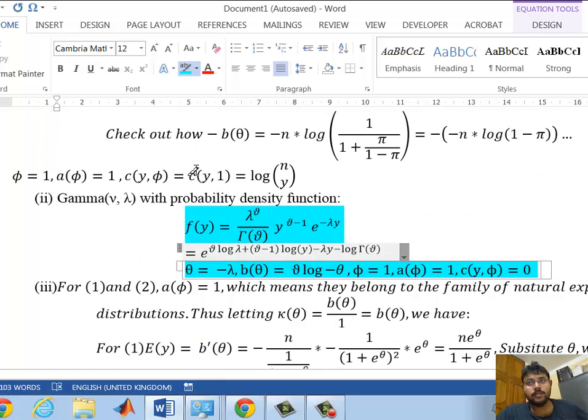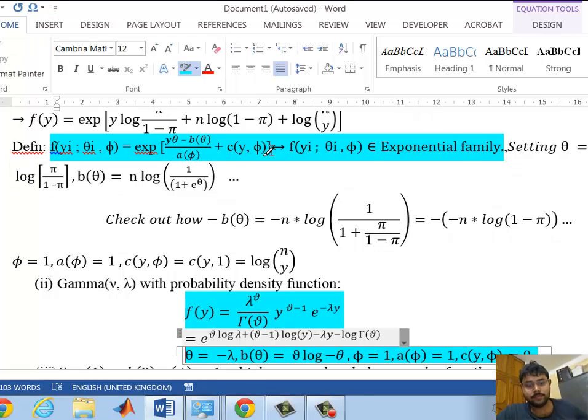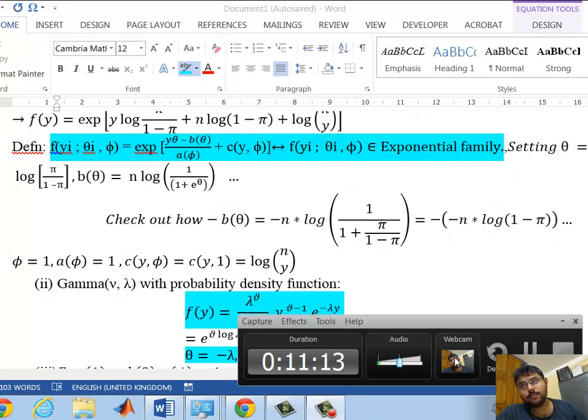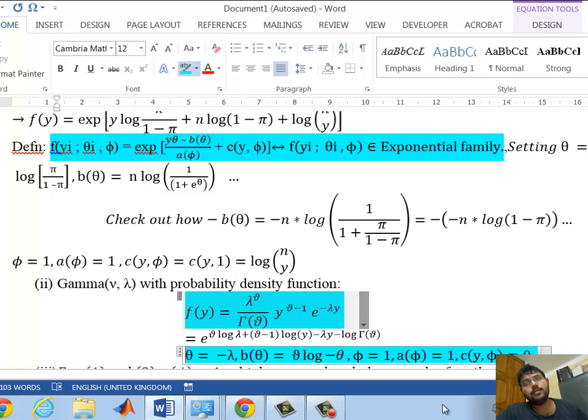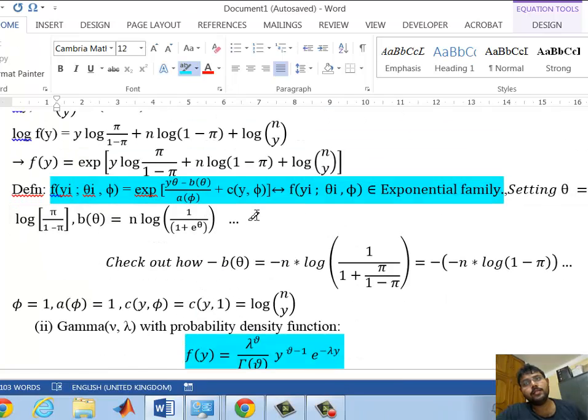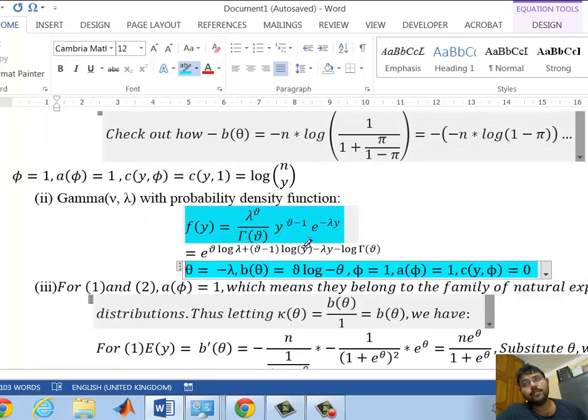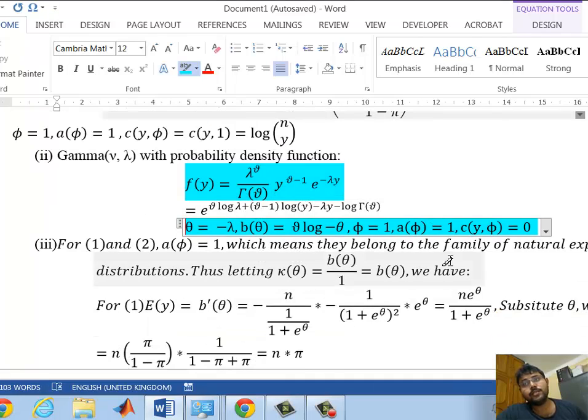So then I set these terms to comply with this. A quick thing here, y theta and b of theta, and then we have a c of y comma phi out here.